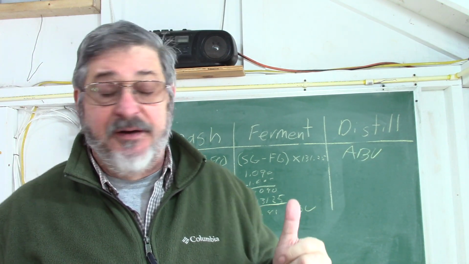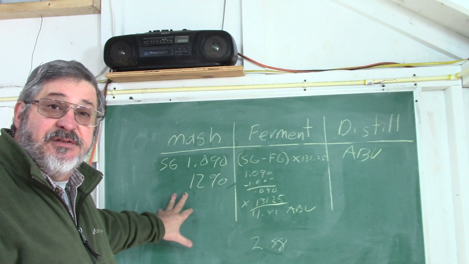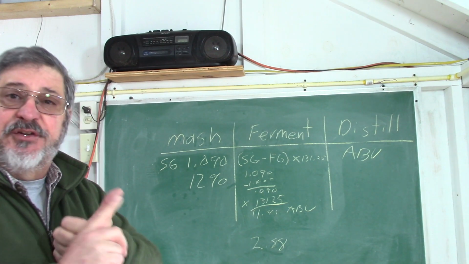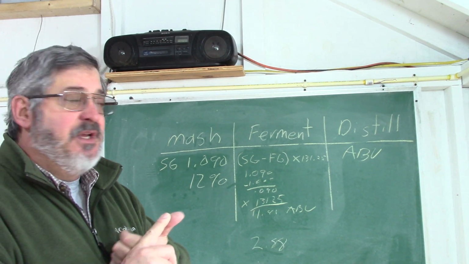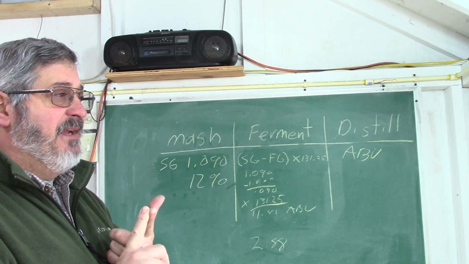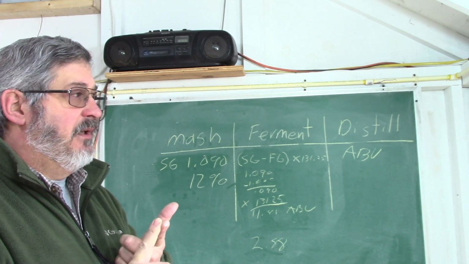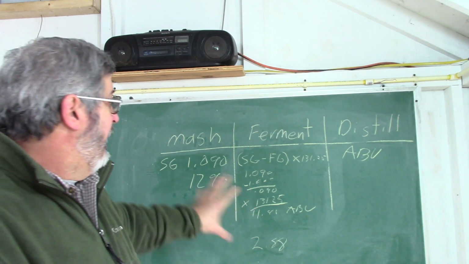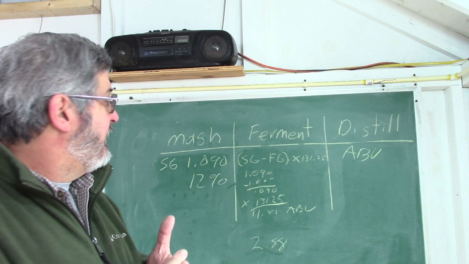Well, let's start back here at the mash. We can change a few different things. The ingredients, okay? So we can change the amounts, what kind of flavors we have in that. And that's basically all we do.